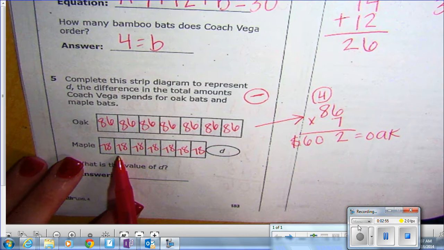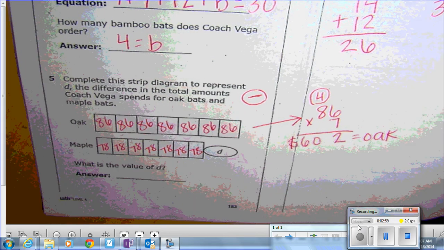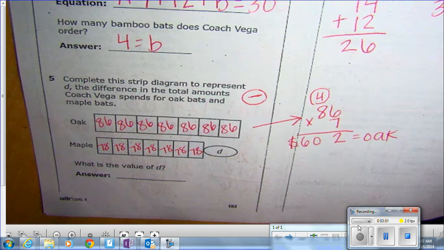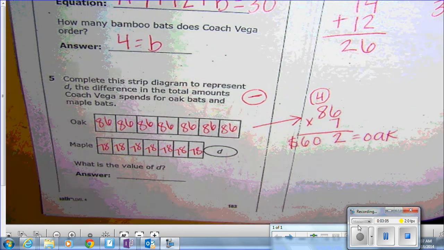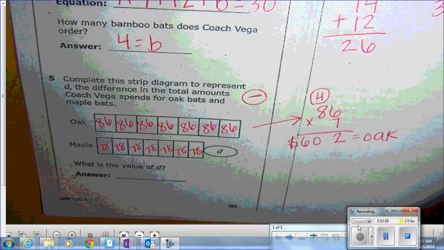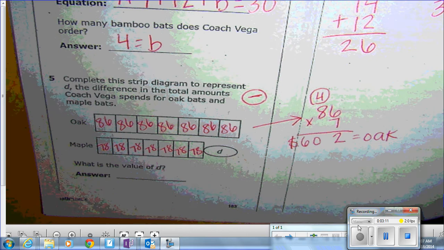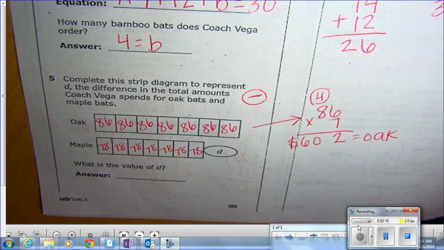Okay, how did I get 78 or how did I get 602? Let me see your multiplication. I don't know why you have 4 boxes though. It's a 2 by 1, not a 2 by 2.